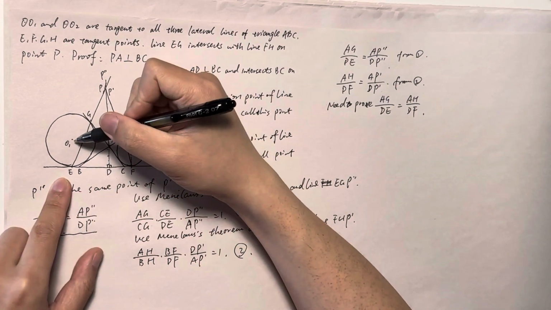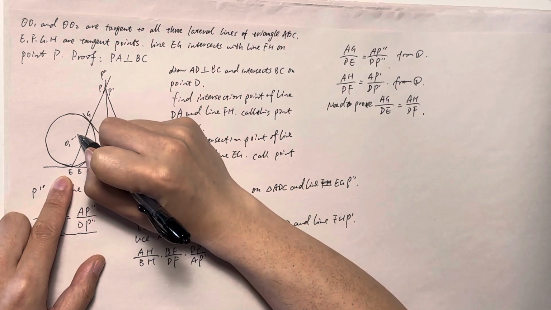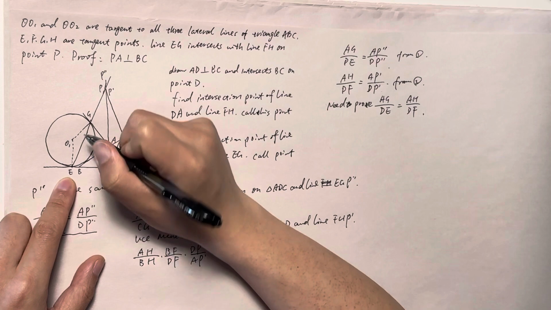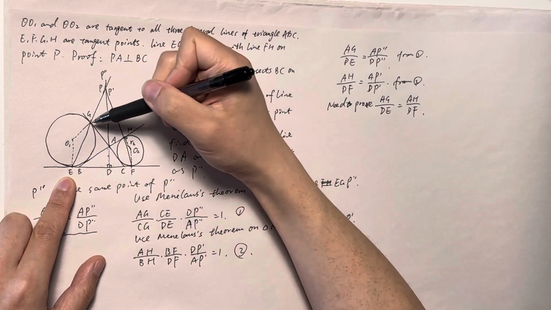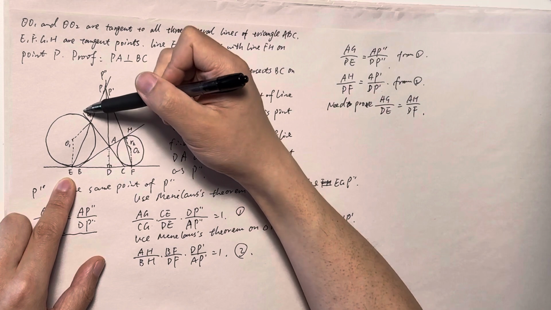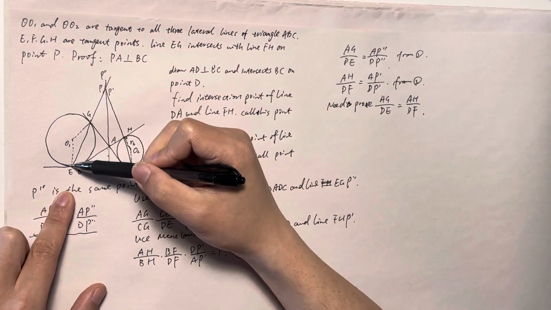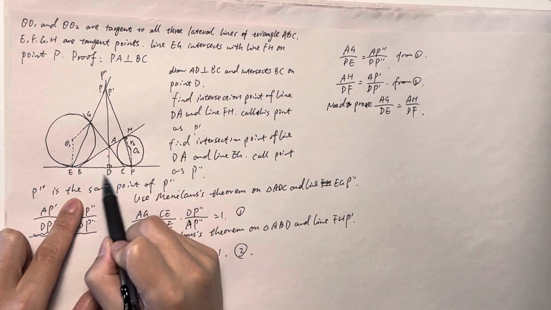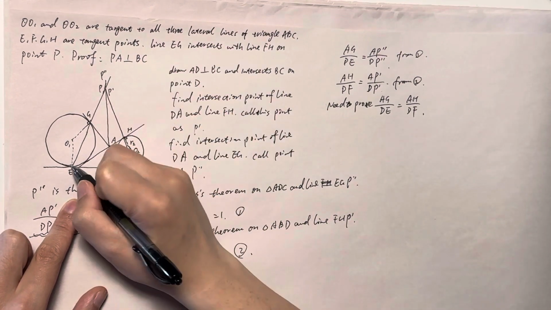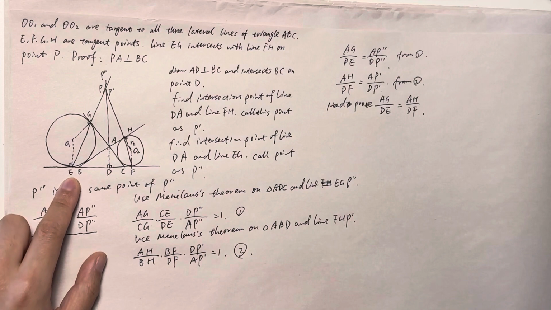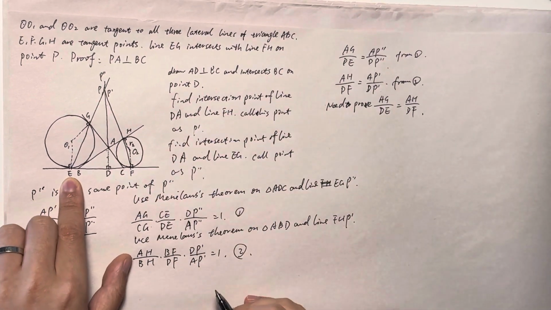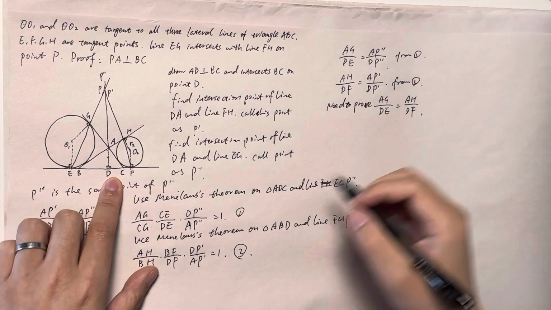We do the same thing for the circle O1: we connect O1G and O1E. So we know that O1G is perpendicular to line AC or AG, and O1E is perpendicular to the line DE. This is 90 degrees, this is 90 degrees, and here is 90 degrees.